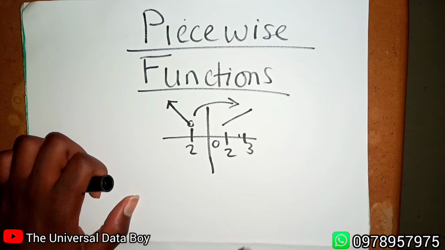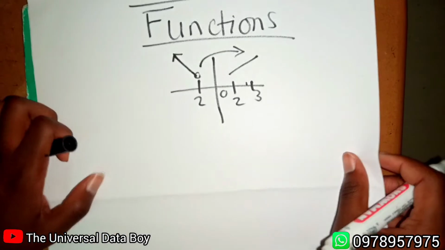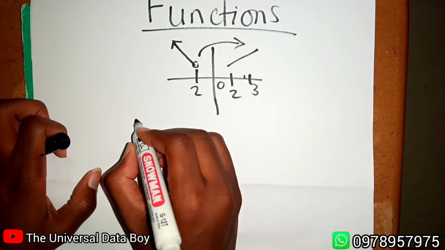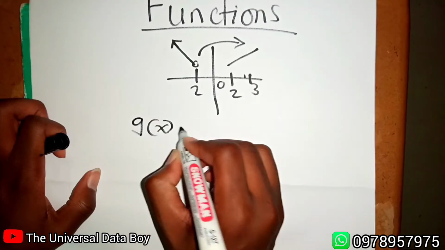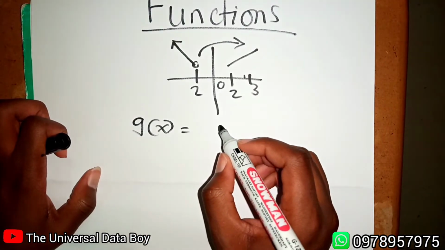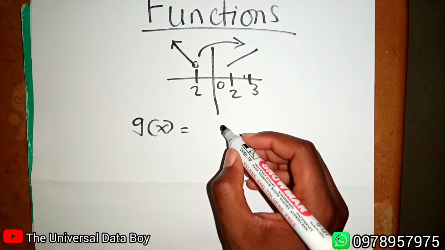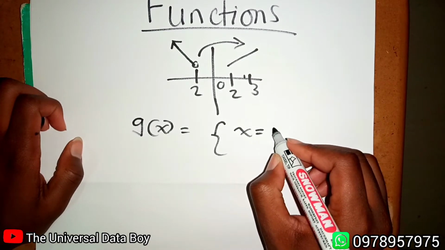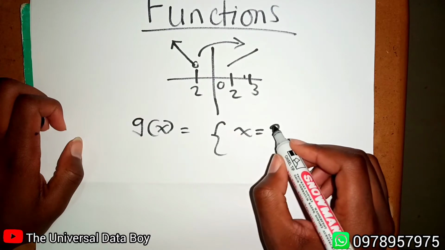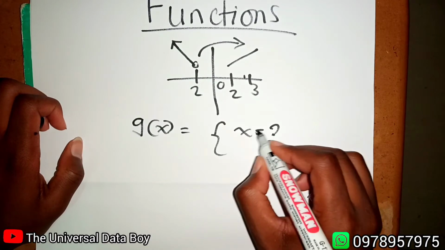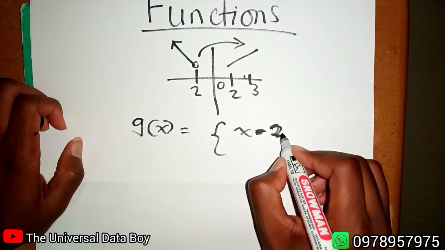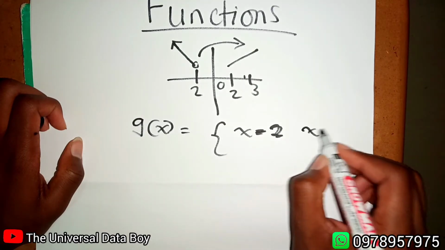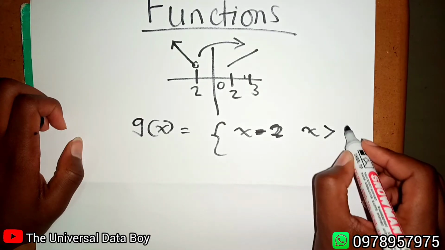So now these functions are defined by something like, maybe your g of x is equal to x minus 2 when x is greater than 0.